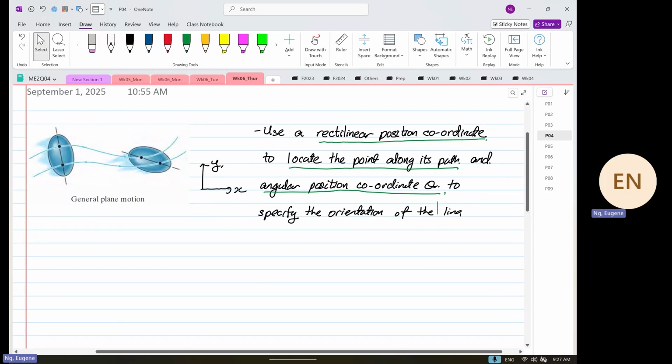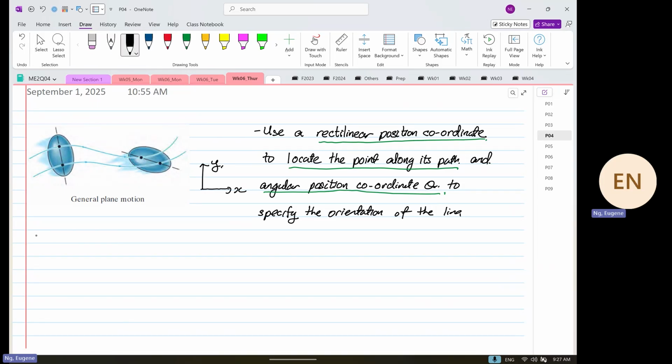Then after that, once we have this, so we have both linear motion and angular, then we are going to apply v, velocity is equal to ds over dt, and acceleration is equal to dv over dt, for linear motion.